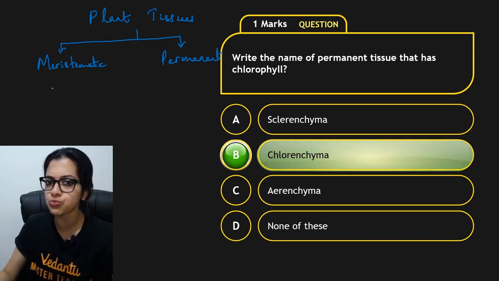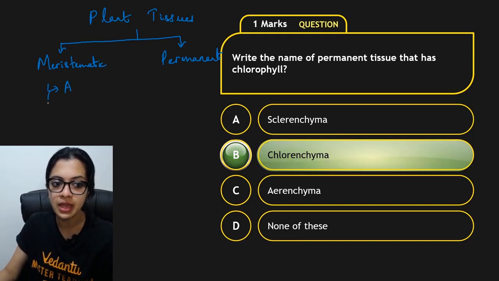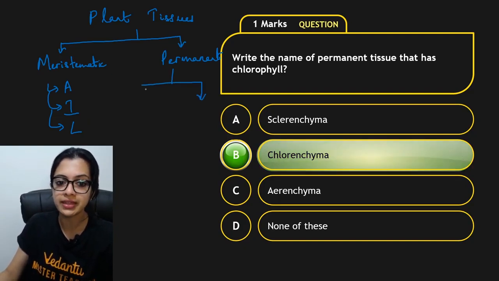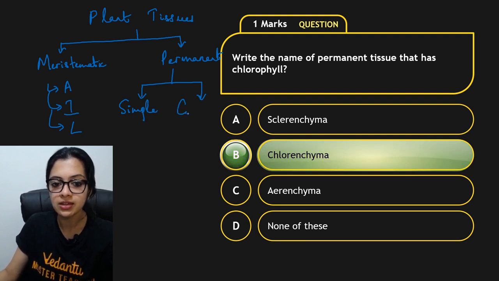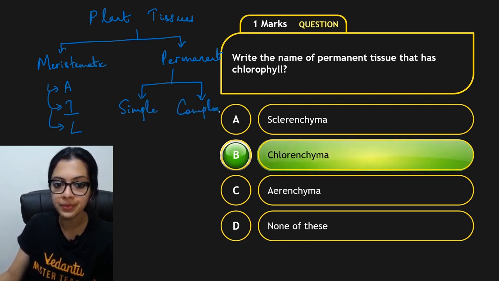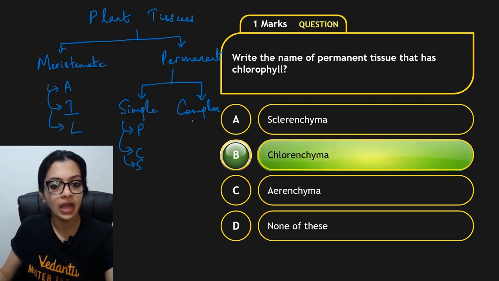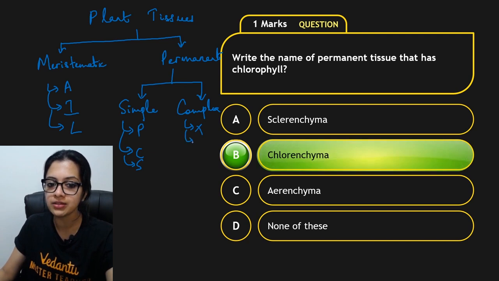Under meristematic is what we've discussed: apical, intercalary, and lateral. Under permanent tissues, we further divide them into two kinds: simple permanent and complex permanent. Under simple permanent would be parenchyma, collenchyma, and sclerenchyma. And under complex would be xylem and phloem.